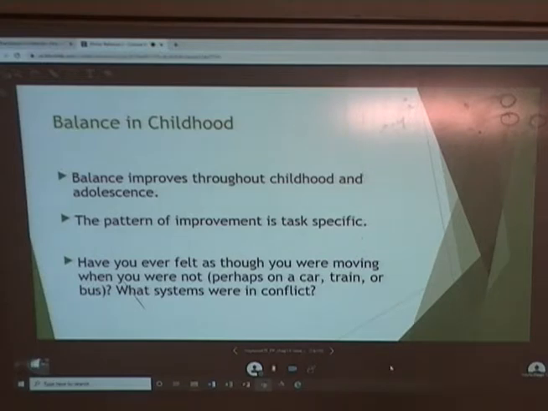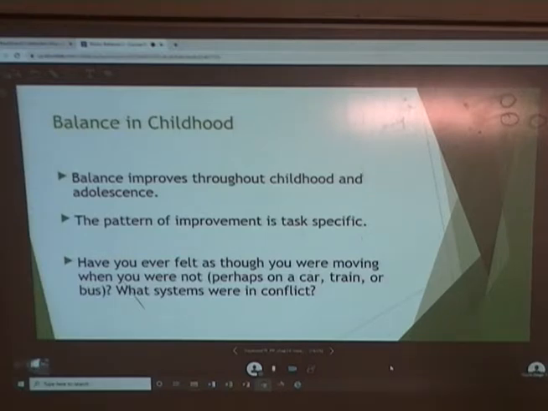So in chapter 9, we looked at some information around posture control and balance in little people. So we're going up to preschool and above now, okay?